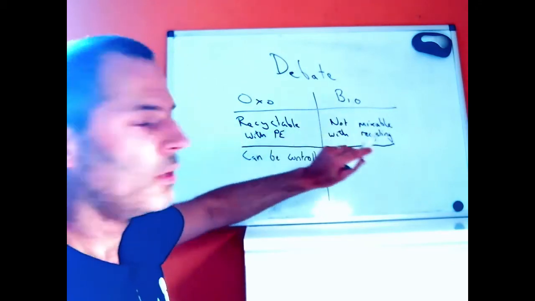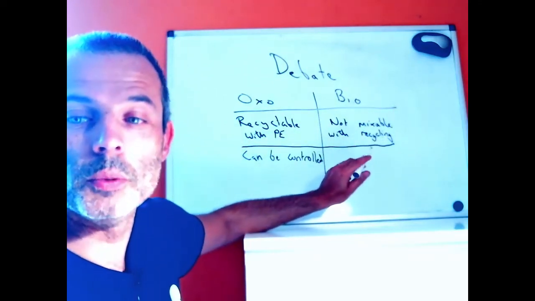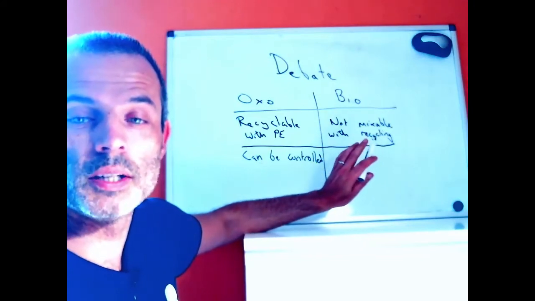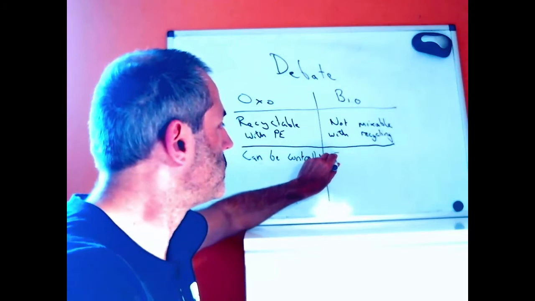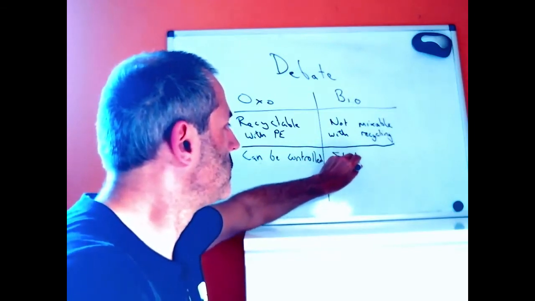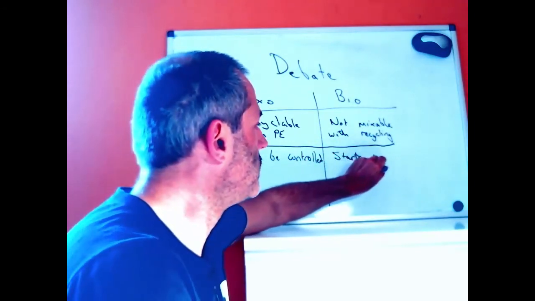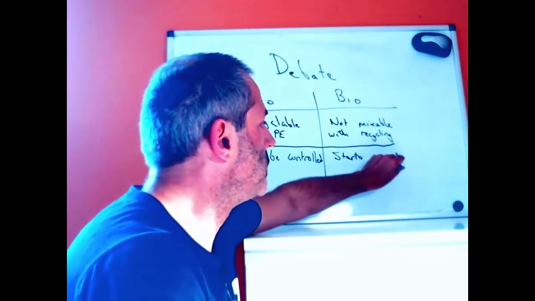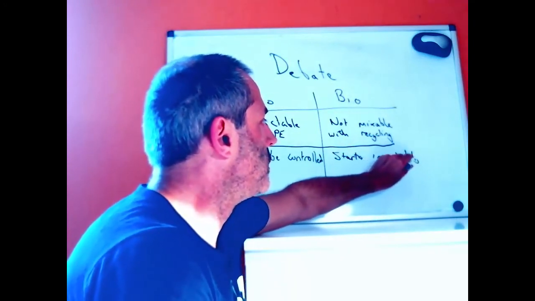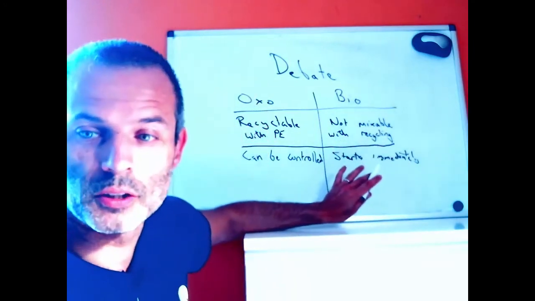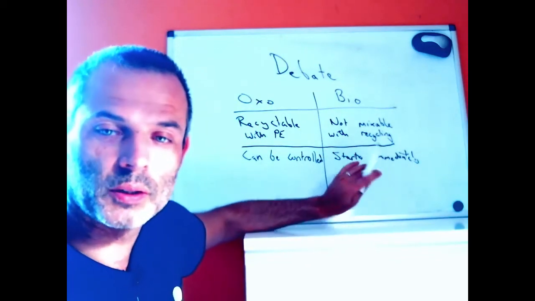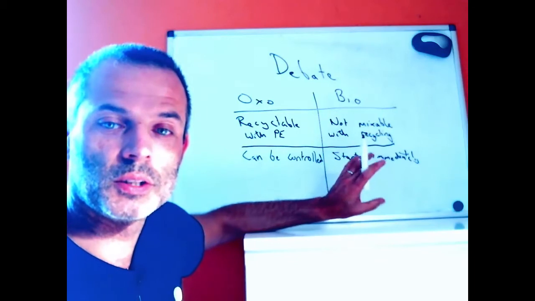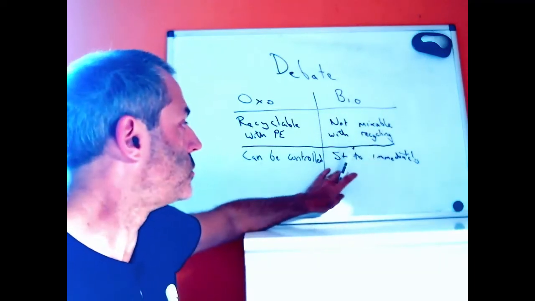Biodegradable polymers, the problem is it starts when it gets damp. It starts immediately. They can be controlled to a certain extent, and we will get onto those, but the starting of the process is more difficult to stop.